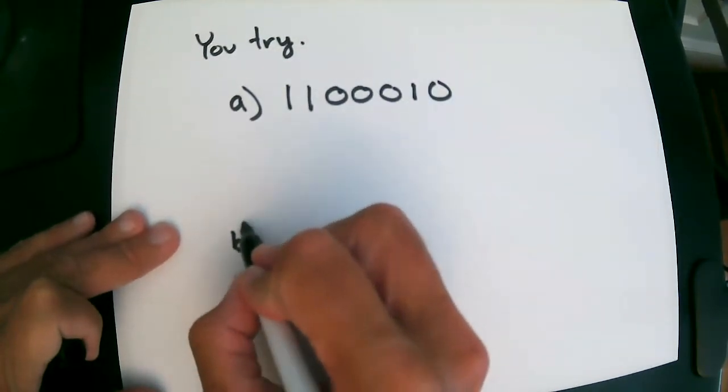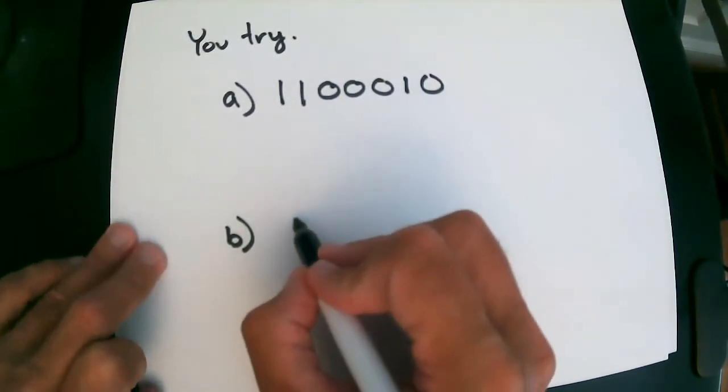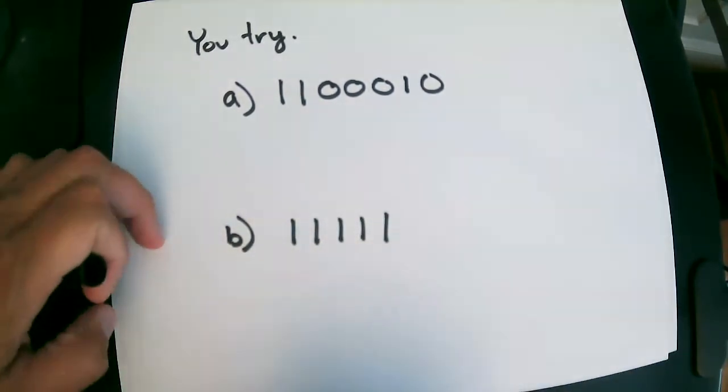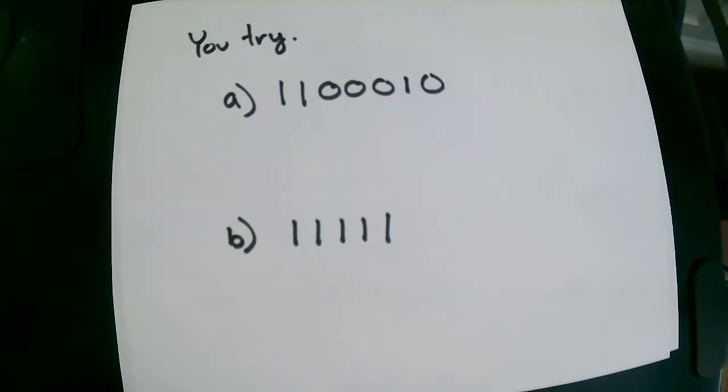And I'll do another one, how about straight ones? 1, 2, 3, 4, 5 ones. And pause the video. Try working these out on a piece of scratch paper. And then in a few seconds, I'll do the work so you can check your answers. But again, don't just watch the end of this video. Actually pause the video, try it, see if you can do it by yourself before you watch the rest.